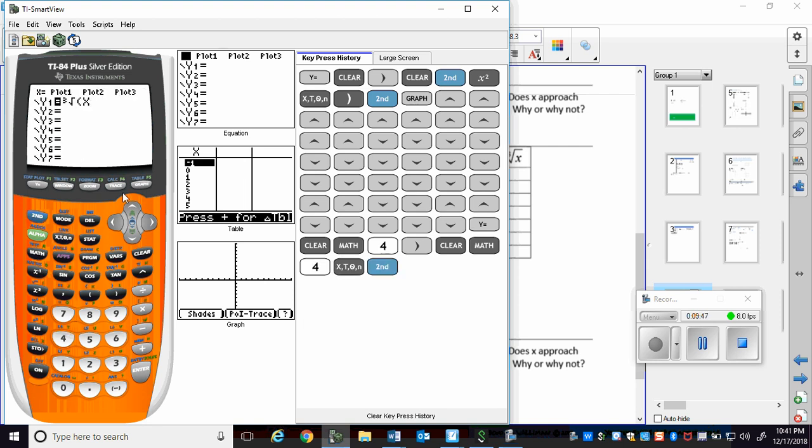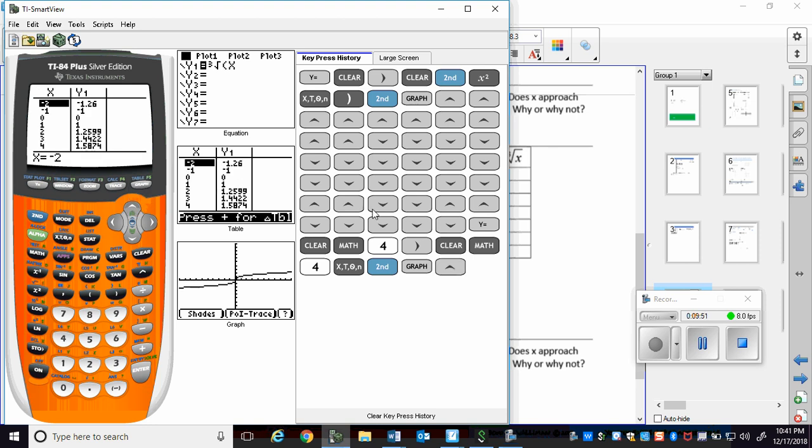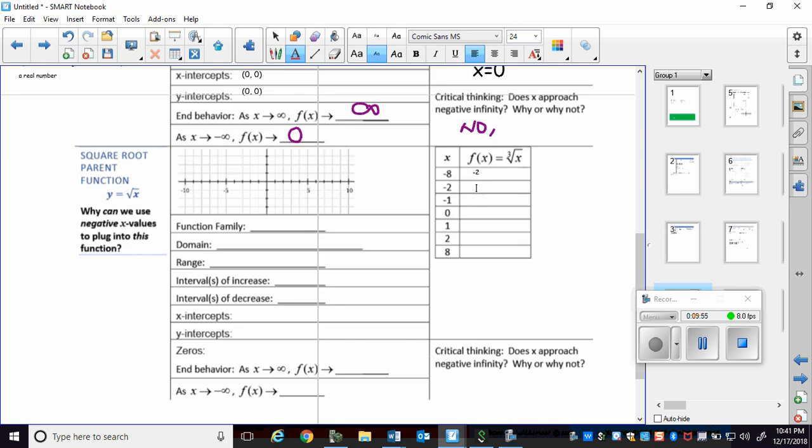And I go to my table, second table, and I'm looking for what the y value is for -2, and it's -1.26. Okay, and for -1, it is -1.